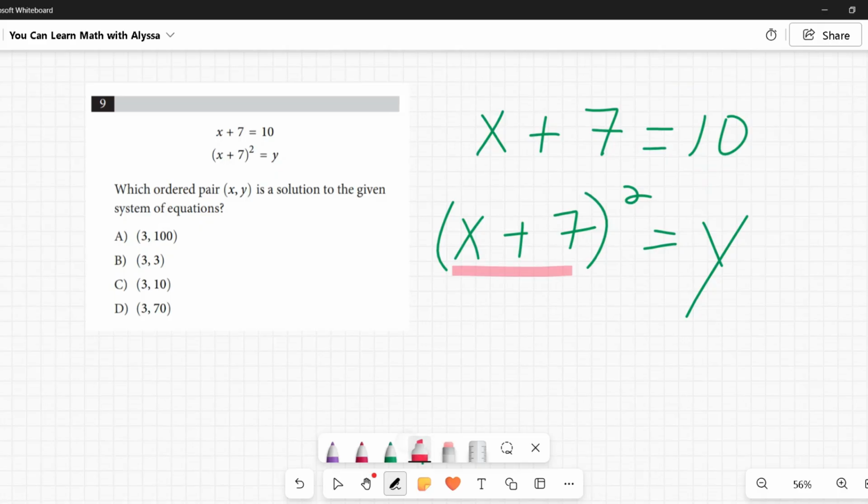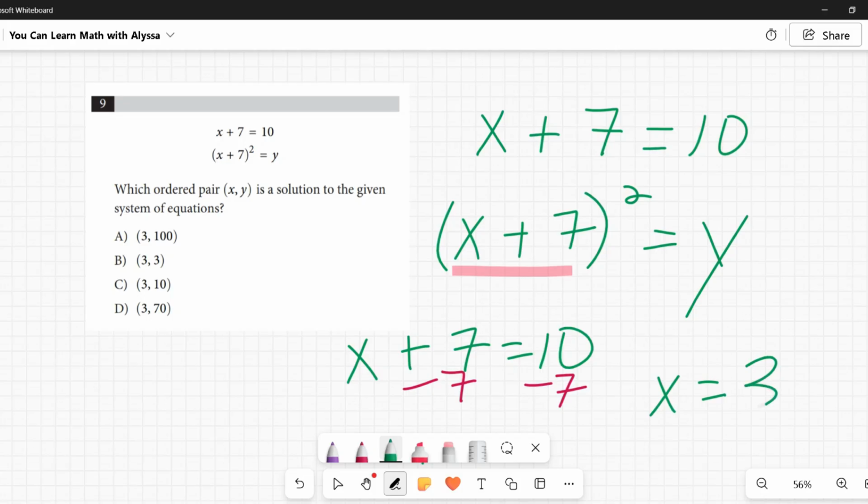It only has an x. So if we had needed to solve for x, we very easily could, because it's just a solve for x situation where we would subtract 7 from both sides and we would get that x is equal to 10 minus 7, or 3. But we didn't even have to do that because they gave us the 3.